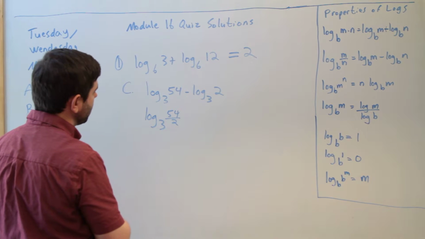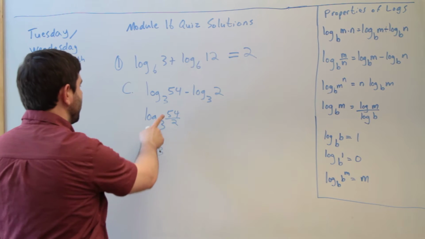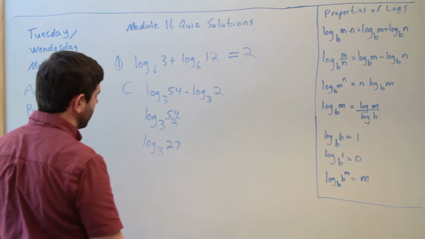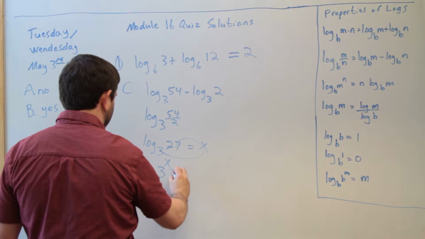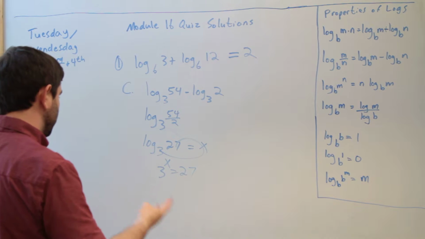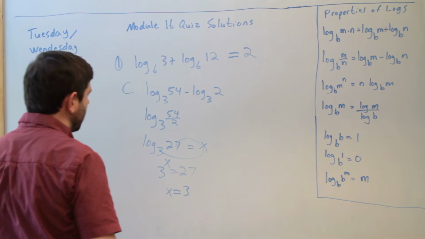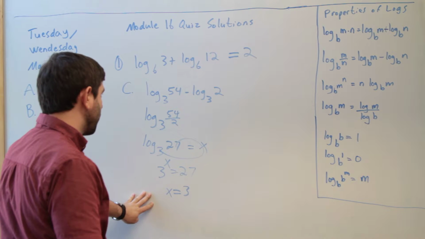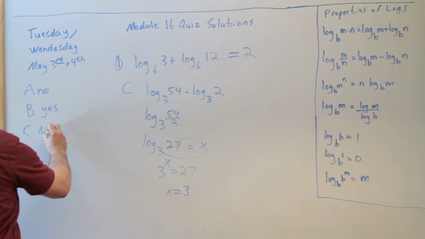This looks promising. 54 divided by 2 is 27. Okay, spiral it out: 3 to the power of x equals 27. Well, 3 times 3 is 9, times 3 is 27. This equals 3. So in this expression, the answer is no. This one equals 3. So C, no.